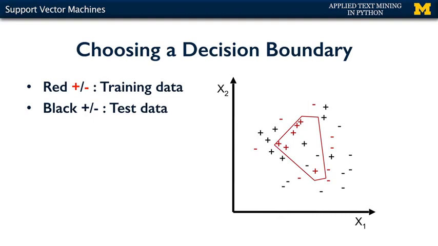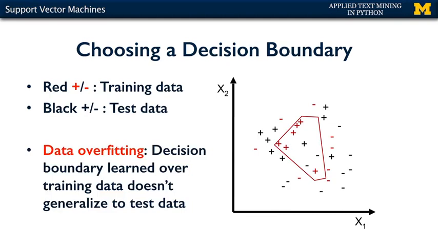There are many positive points outside of the polygon, where the outside is supposed to be negative, and there are points within this polygon that are negative. So in unseen test data, this decision boundary has not worked very well. This problem is called data overfitting: when you have learned a decision boundary that works very well on training data but does not generalize to test data.